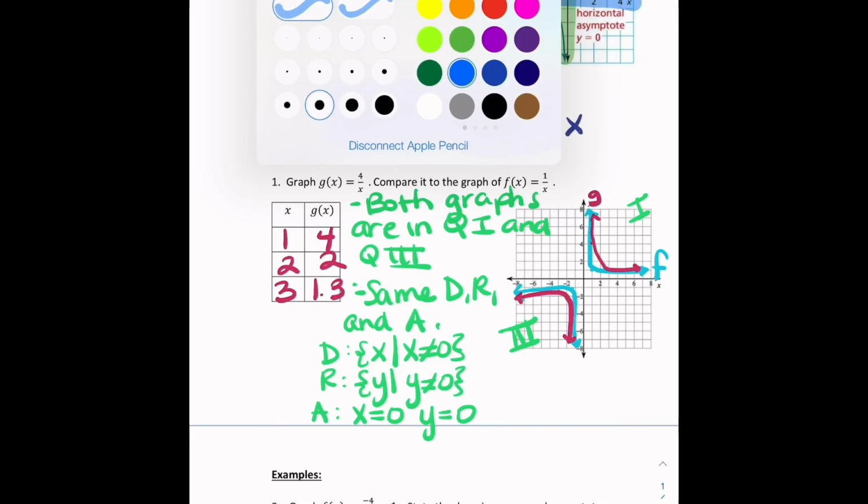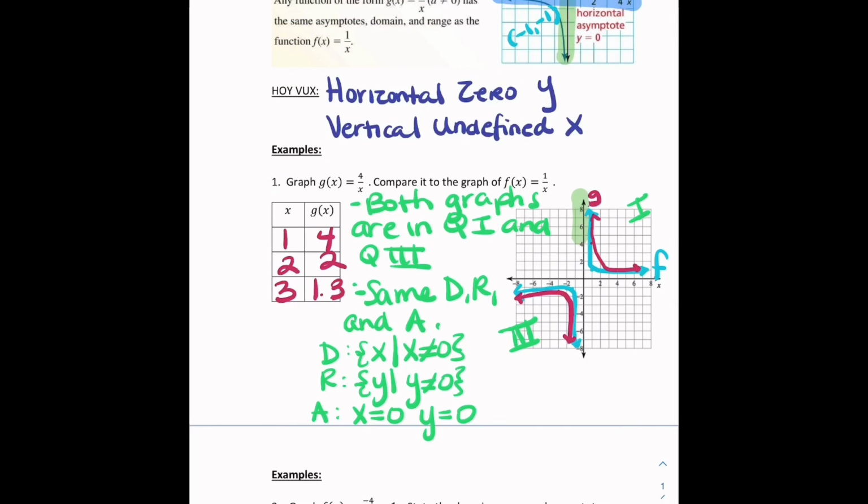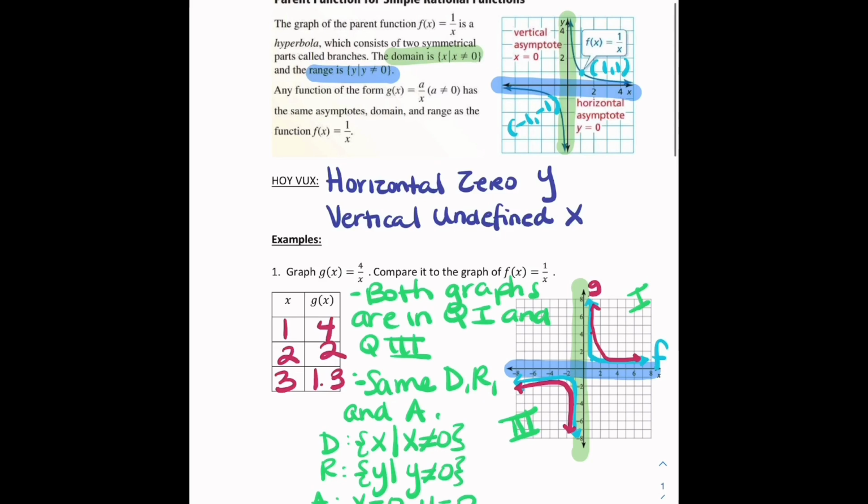And my asymptotes will be x equals 0, y equals 0. And I'm going to take my highlighter and highlight my asymptotes. So x equals 0 and y equals 0, the same as what we highlighted earlier for our parent function.